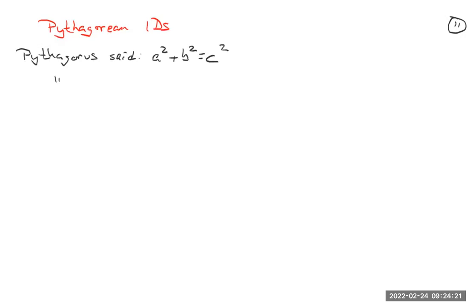Well, in a circle, c has become radius, and that brings us to a squared plus b squared is r squared.